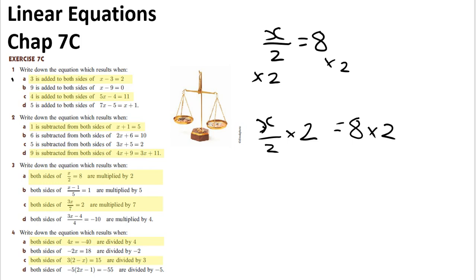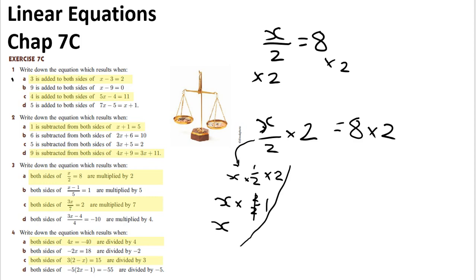So now we're looking at fractions, and hopefully you guys can see that if I have divide by 2 and times by 2 at the same spot on the same side of the equation, they'll cancel each other out. Because I could write this as x times 1 on 2 times 2, or I could rewrite that as just x times 2 on 2, and 2 on 2 is 1, so it equals x.